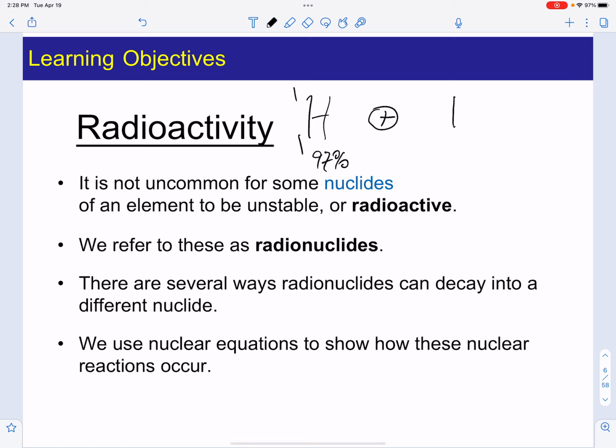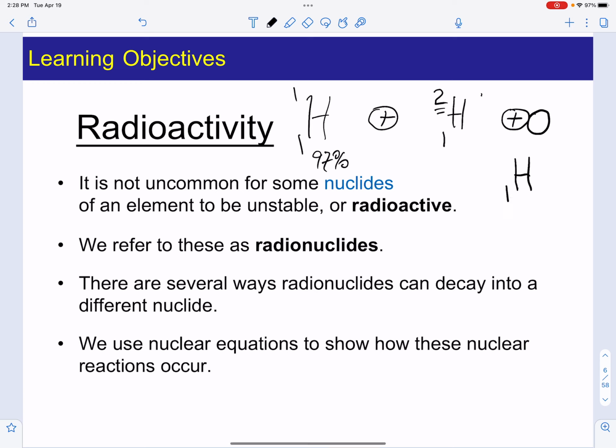An isotope of that is going to be deuterium. And deuterium is going to have 1 proton and 1 neutron. Therefore, mass number 2. And what about another isotope? Another isotope is going to be tritium.